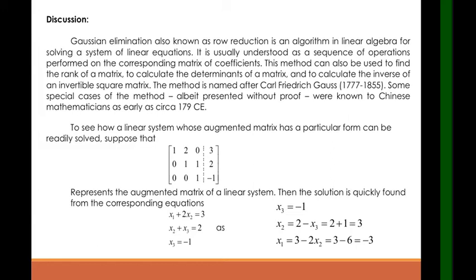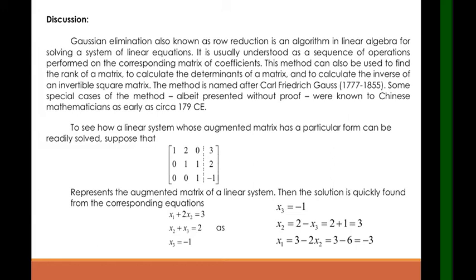This method can also be used to find the rank of a matrix, to calculate the determinants of a matrix, and to calculate the inverse of an invertible square matrix. The method is named after Carl Friedrich Gauss. Some special cases of the method, albeit presented without proof, were known to Chinese mathematicians as early as circa 179 CE.